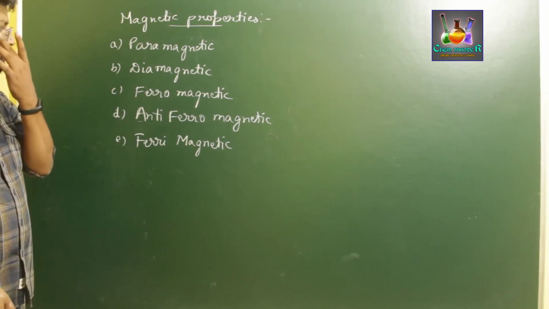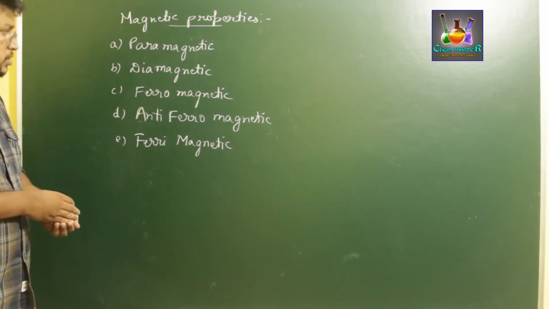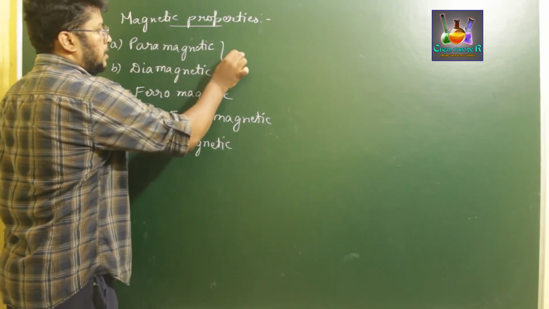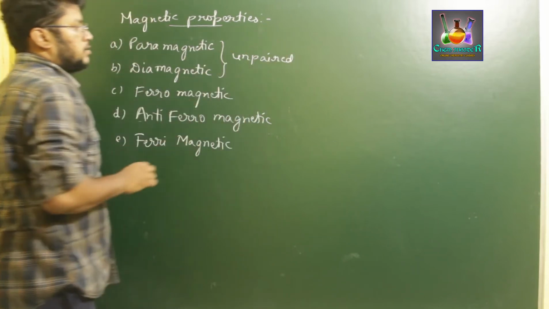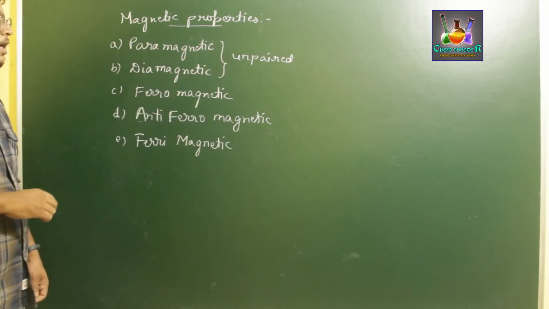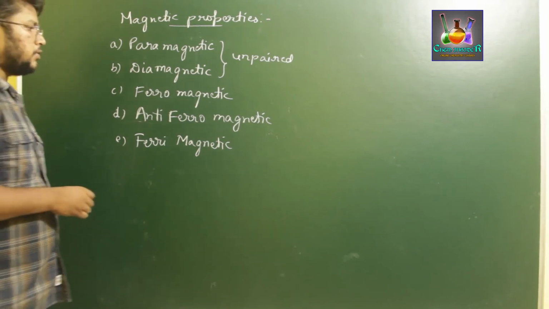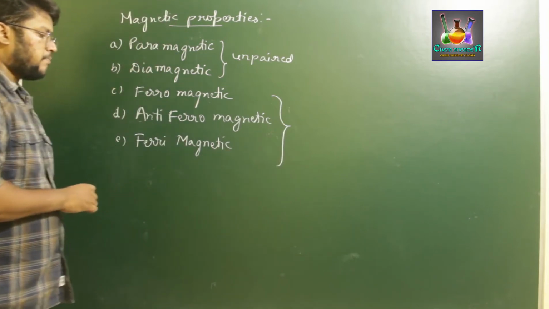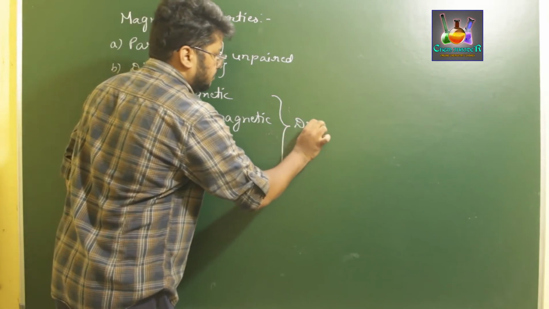The first two are quite different when compared to the other three. The first two, paramagnetic and diamagnetic, are explained on the basis of the presence of unpaired electrons, whereas the other three, ferromagnetic, antiferromagnetic and ferrimagnetic, are explained on the basis of domains.